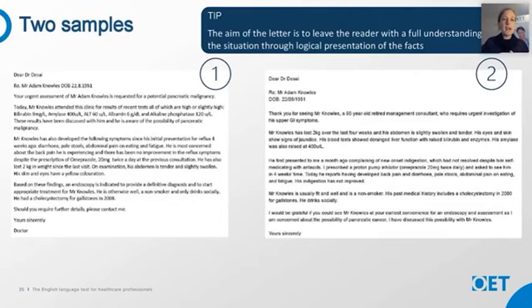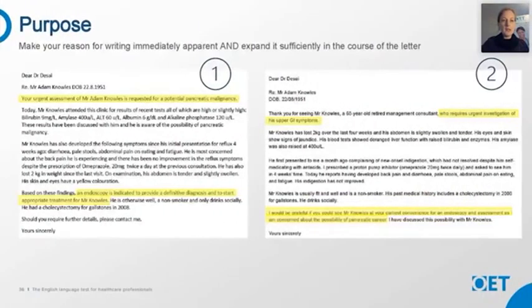So let's look at how these samples evidence the assessment criteria for writing. This will help you understand what you need to do when you're writing your own letter. The first criterion you have to meet is purpose, which is to make sure that the reason for writing to the reader is immediately apparent and it is expanded sufficiently in the course of the letter.